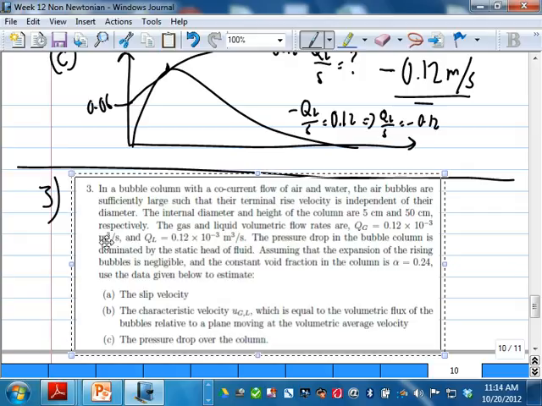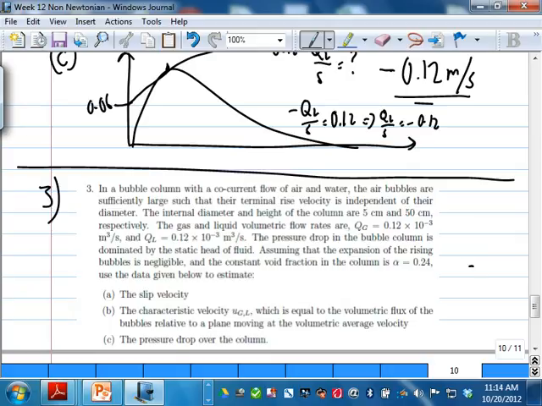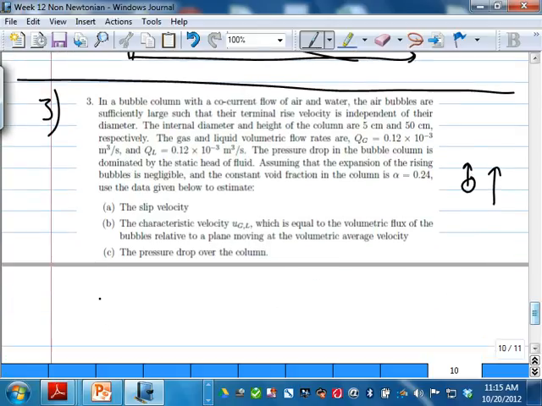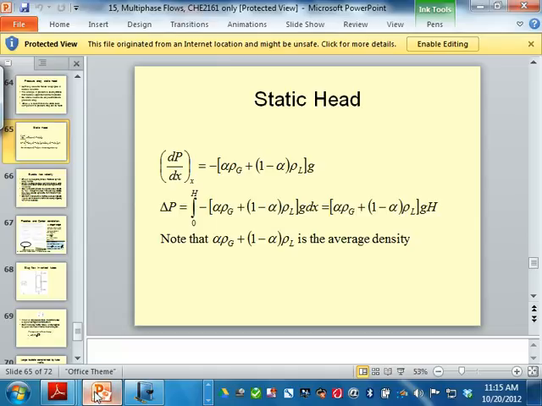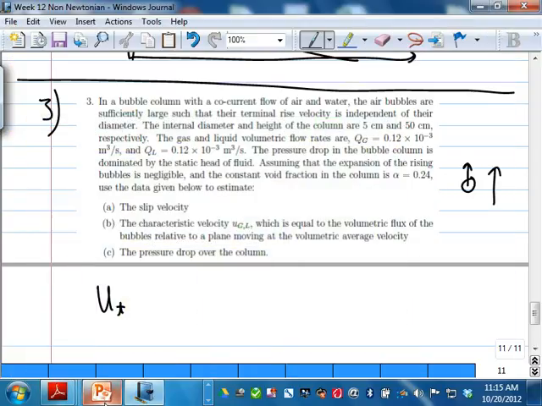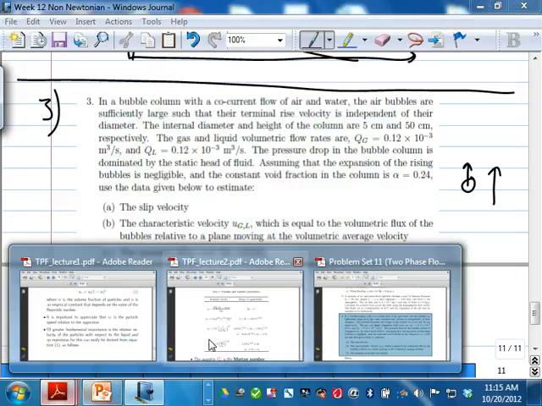Alright, means the bubble is rising, and the liquid is also moving up. Co-current. The terminal rise velocity is independent of diameter. So first, I think you need to, they're implying you have to find your UT. Okay. So where is it? That one you cannot see, so I have to go here.